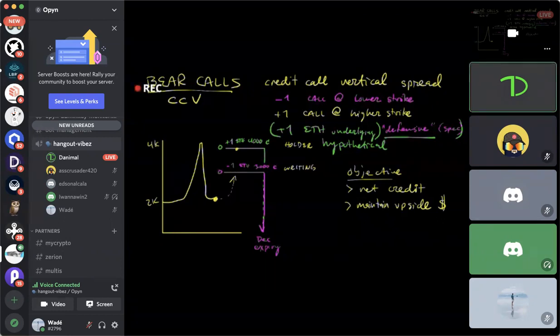So if you had only this strategy and you were only writing, it would function as a covered call. Hypothetically, if that's all you're doing, right? If and only if that's what you're doing, it would function as a covered call. So if we zoom in here, we can just kind of see what that would look like.